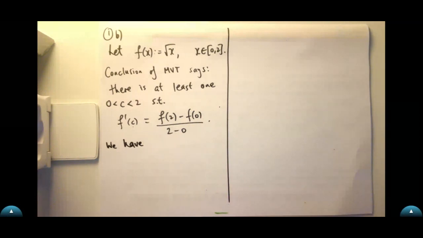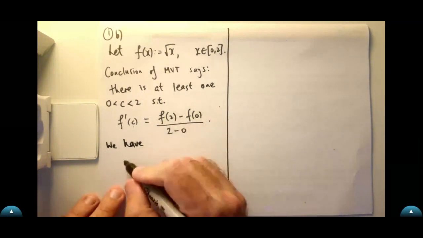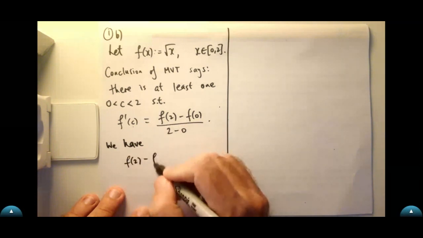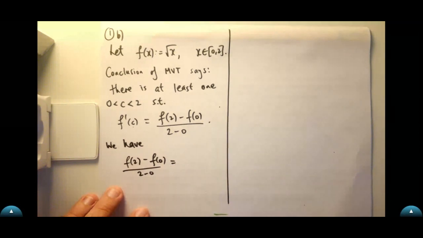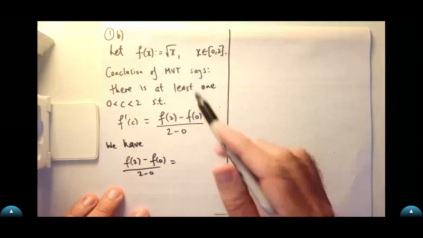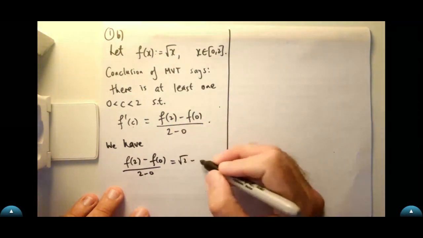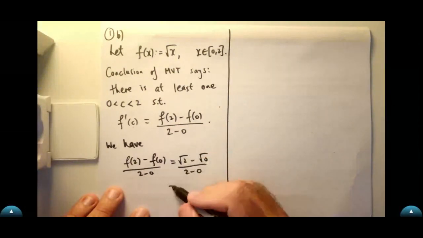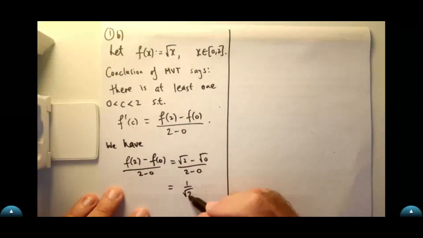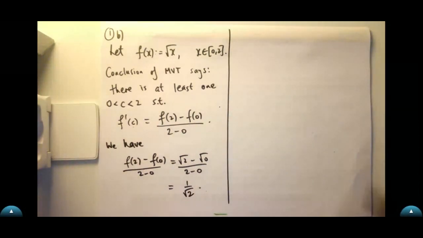So I guess I can work out the right-hand side first. f of 2 is going to be root 2 minus root 0 over 2 minus 0. If you simplify that, you'll get 1 on root 2.